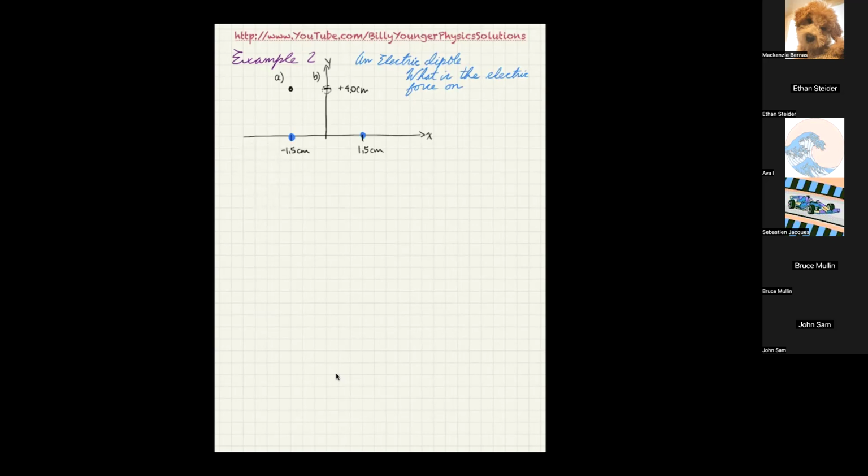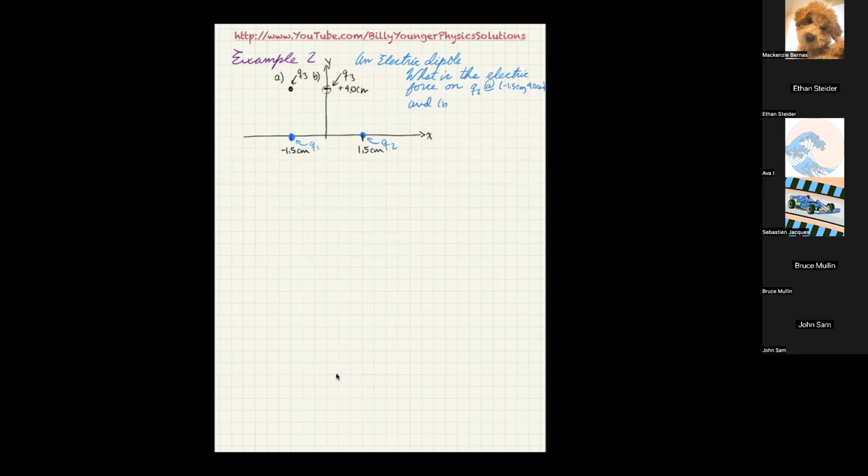So I didn't want that. This one right here is going to be Q1, and this one right here is going to be Q2, and then this one up here is going to be Q3. So what is the force on Q3 at, in this case, x equals negative 1.5 and y equals 4.0 centimeters.